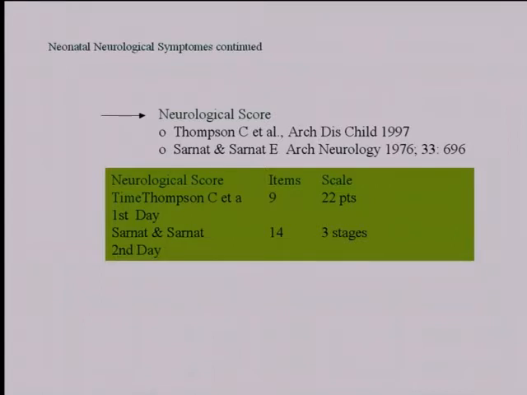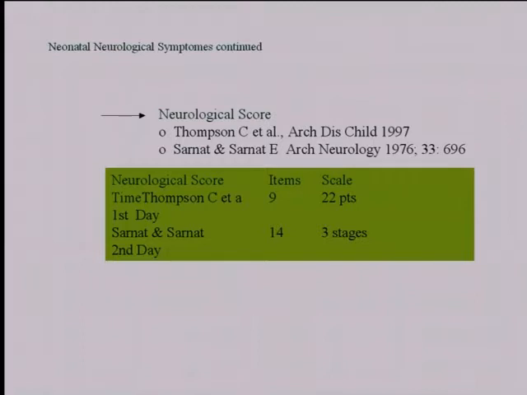I propose, and we have used, the Thompson score, which was published by Claire Thompson from Cape Town in Archives of Disease in Childhood, 1997. The Thompson score has only 9 items to assess, but yields a very large scale with 22 points.